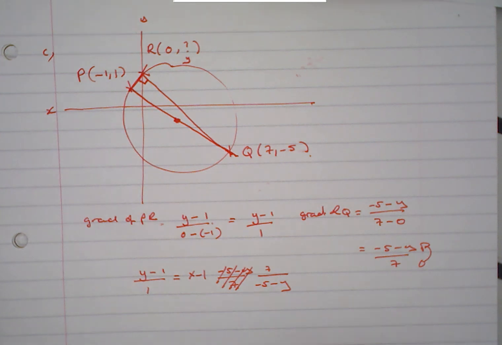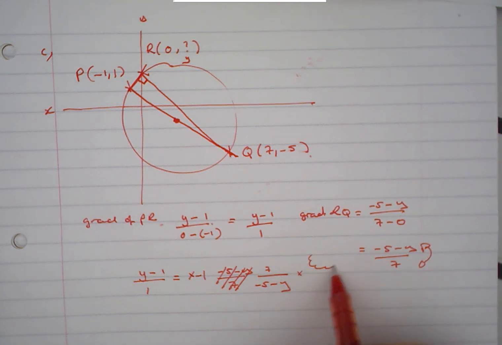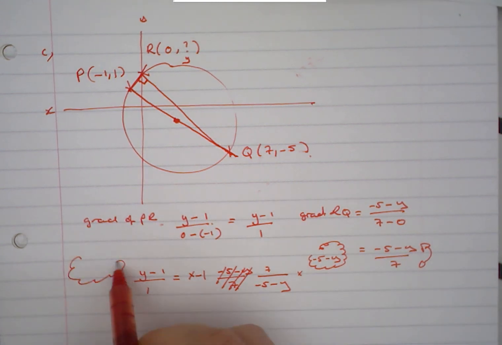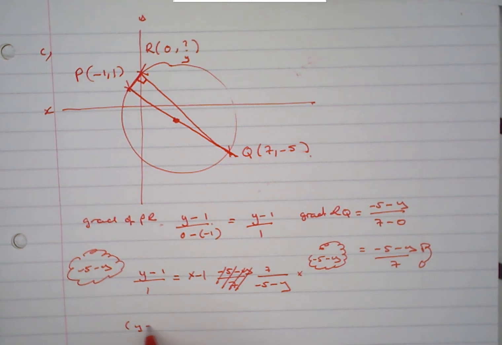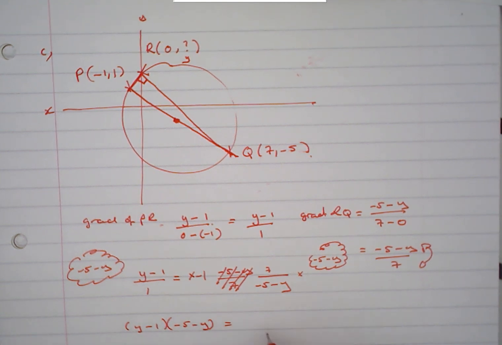And we need to get rid of these fractions. If I get rid of these fractions, I tend to just multiply the fraction away. So in my mind, what I'm doing is multiplying everything by minus 5 minus y on that side, and doing the same on this side. What this will give me is y minus 1 times minus 5 minus y equals minus 7.